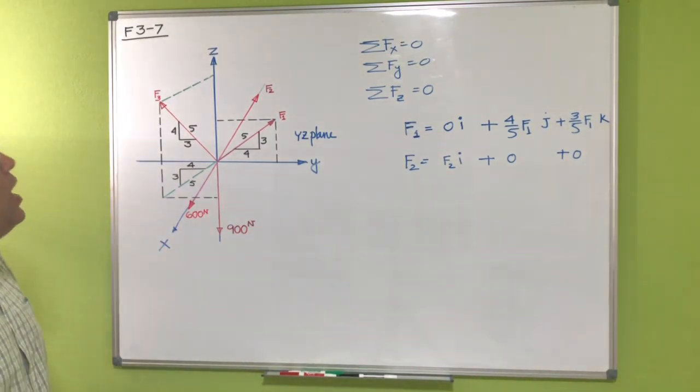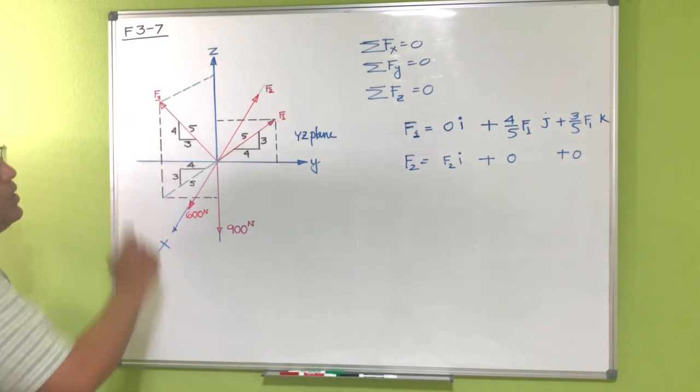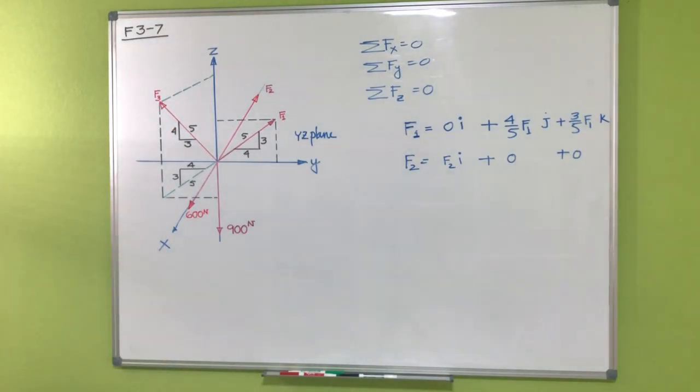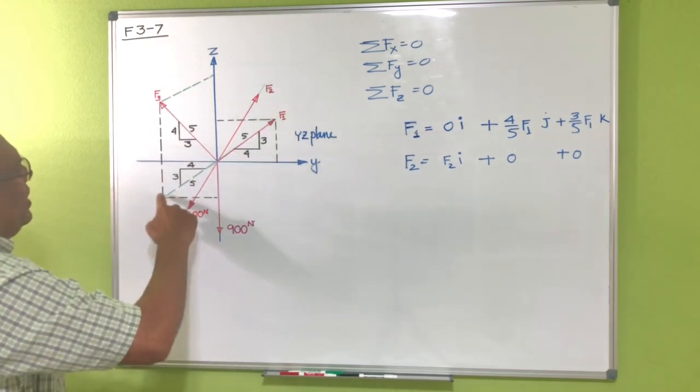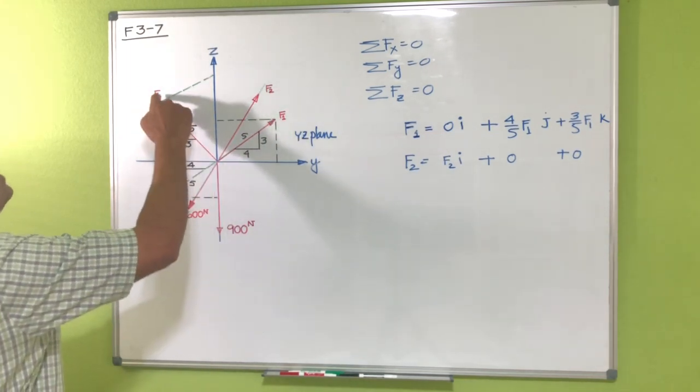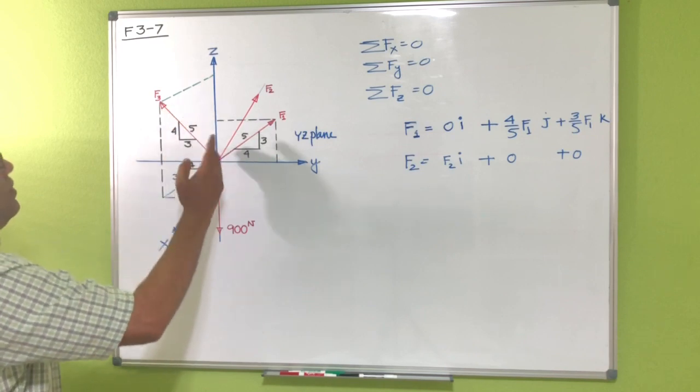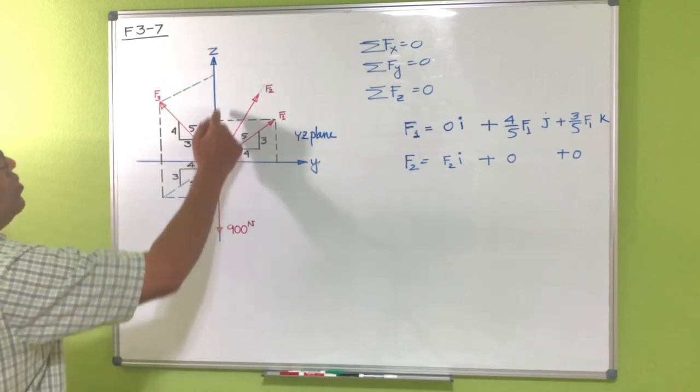Now this one is the most important one, F3. If you see the parallelogram here, the vertical component of F3 goes in the Z direction.